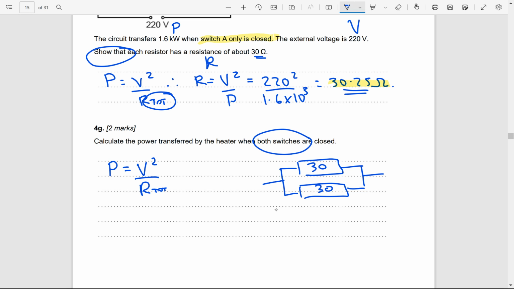So if this is 30 and that's 30, I would say 1 over R total, because I'm in parallel, equals 1 over 30 plus 1 over 30 equals 2 over 30. Therefore, the total resistance is 15 ohms in the circuit.